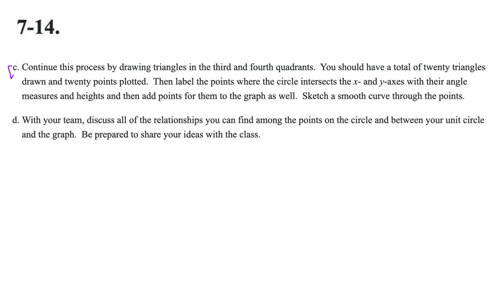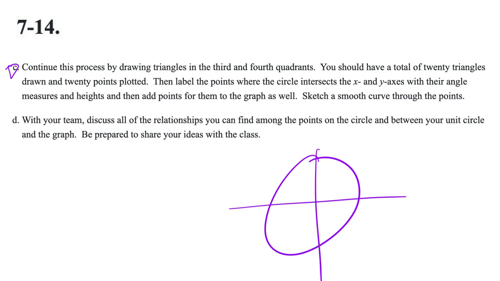And then, of course, in part C, it just asks you to do what I talked about there. We're just in that unit circle. You've got those triangles that are drawn down here as well, and down here in the 2 quadrants.